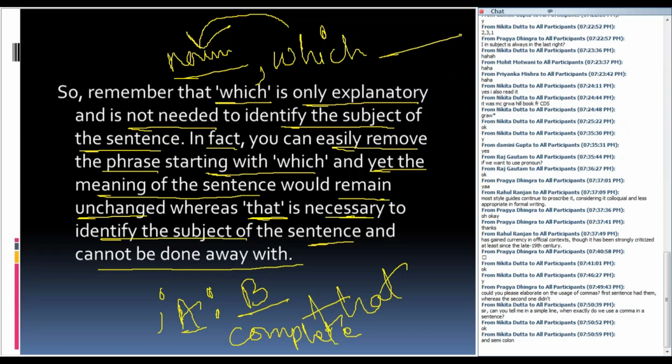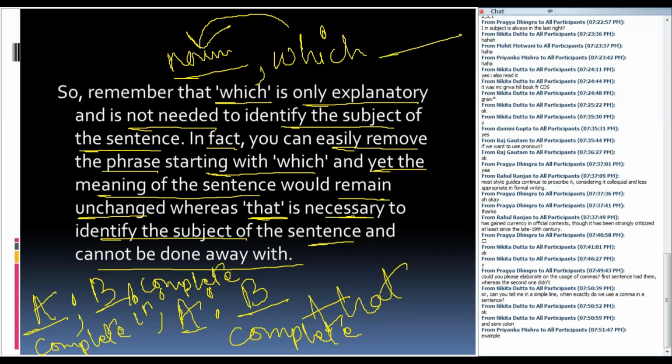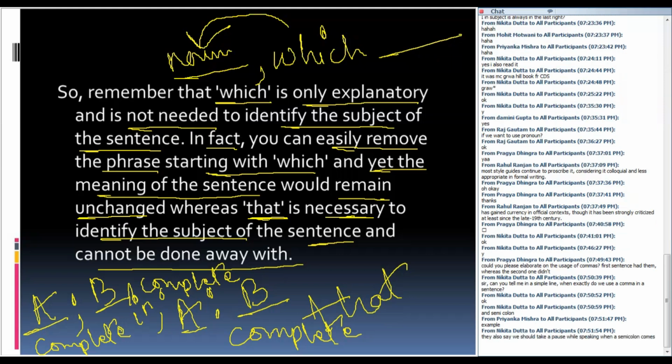But when you use a semicolon, the first one should be complete and the second one can be incomplete. This is what I know. But then some books will say the opposite. That is the problem with colons and semicolons.